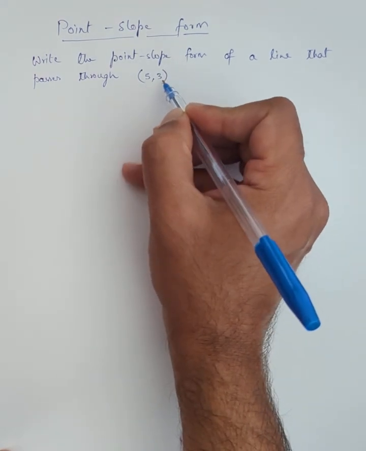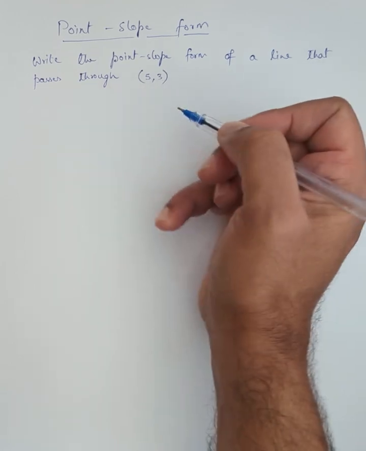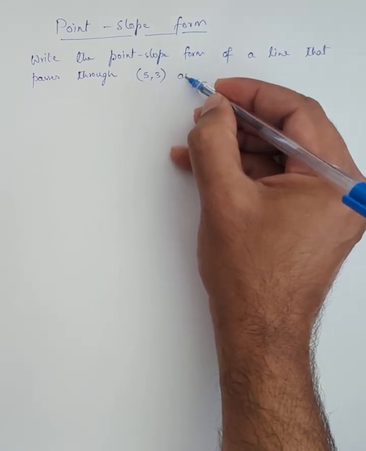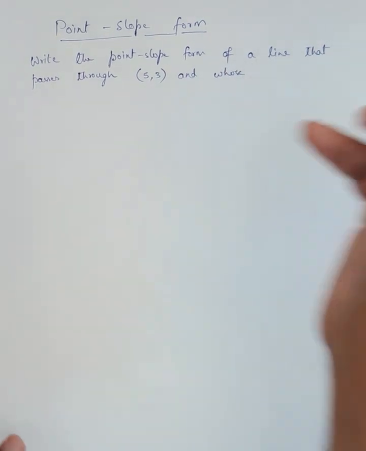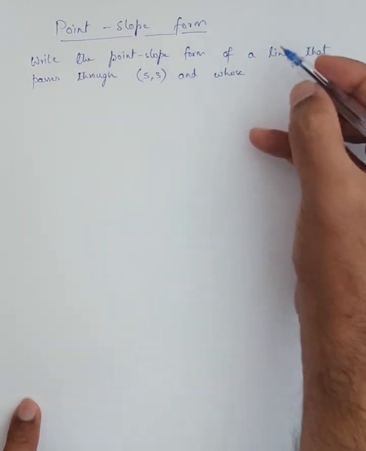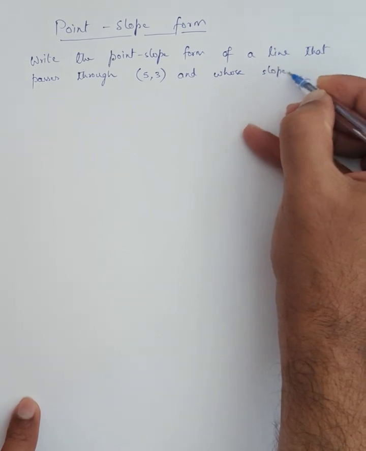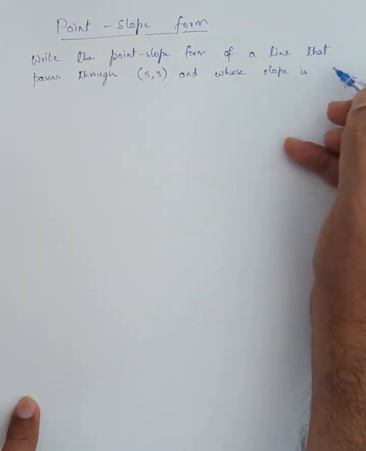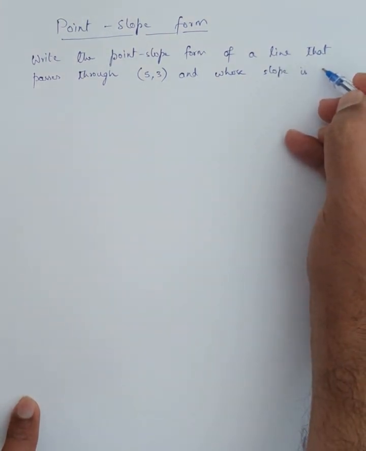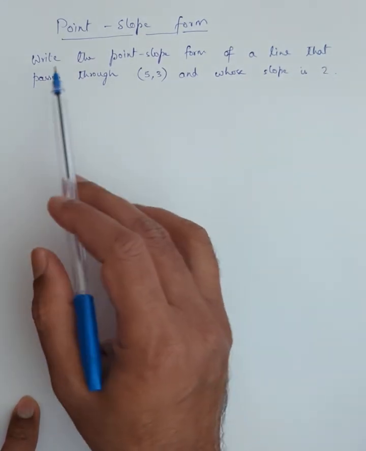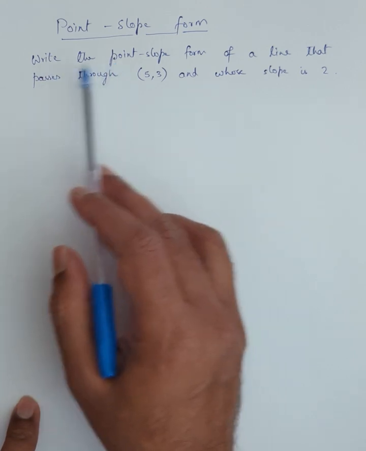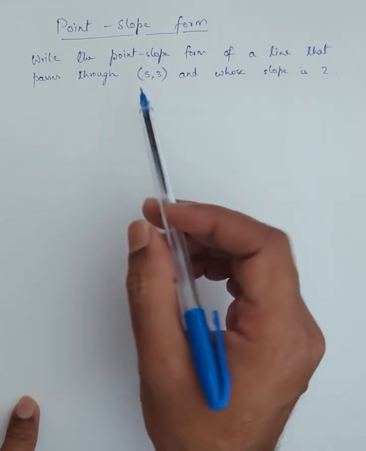Every point has two coordinates, x coordinate and y coordinate. And we are also given the slope, and again, let's say the slope is 2. And we have to come up with the equation. So write the point slope form.